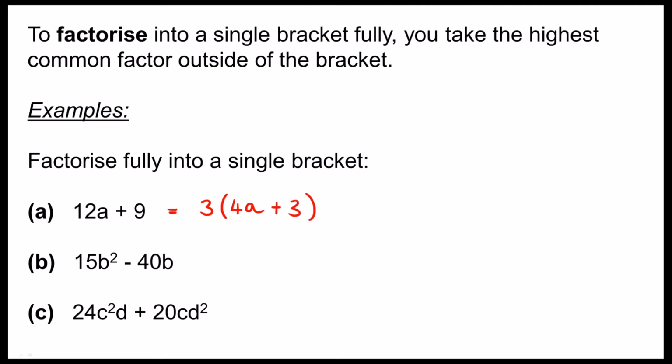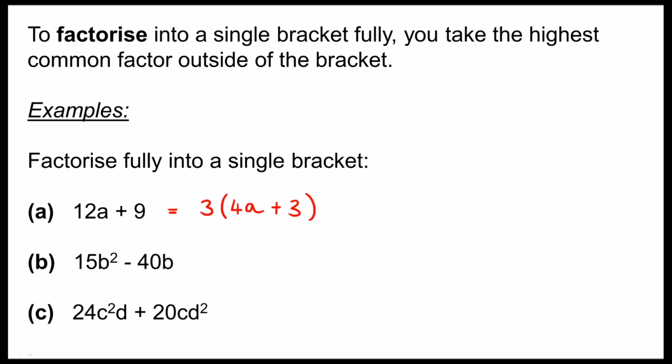Remember, to factorise an expression fully, you need to take the highest common factor out, not just any factor. So, looking at my second example, I want to factorise fully 15b squared minus 40b. This time I can take both a number and letter as a factor out of the front.